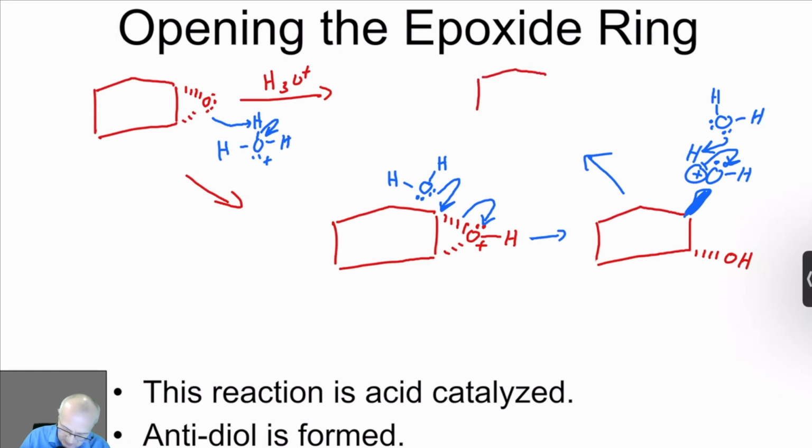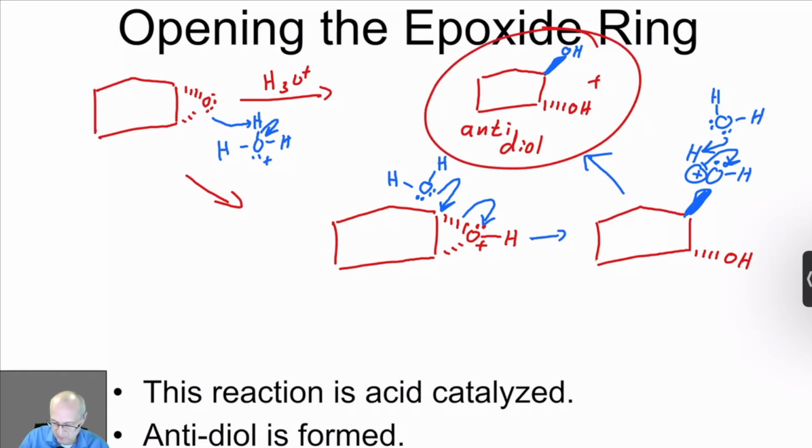So this gives me the OH up and the OH down, the anti-diol. Anti plus the enantiomer. Plus the enantiomer. All right.